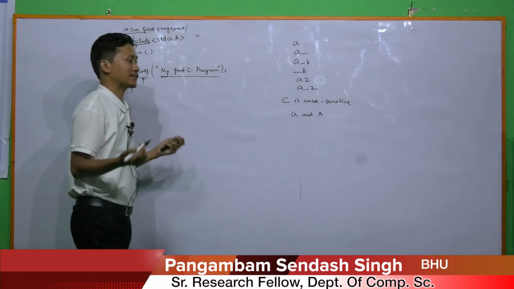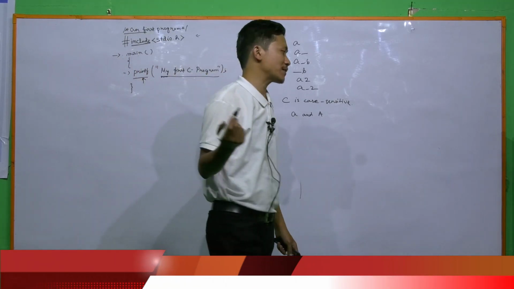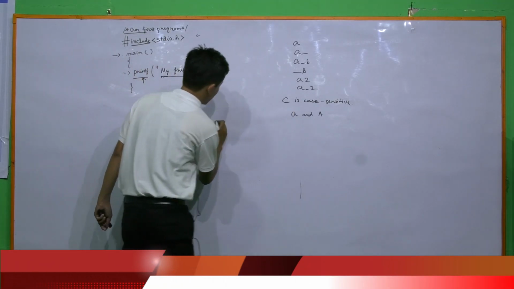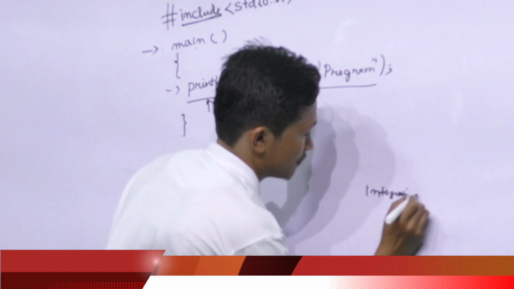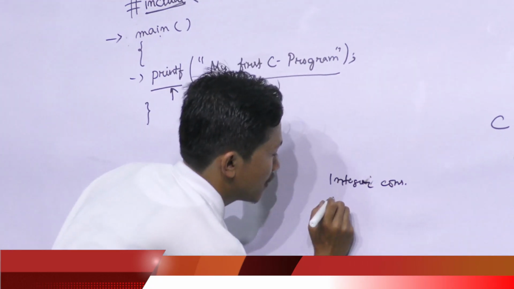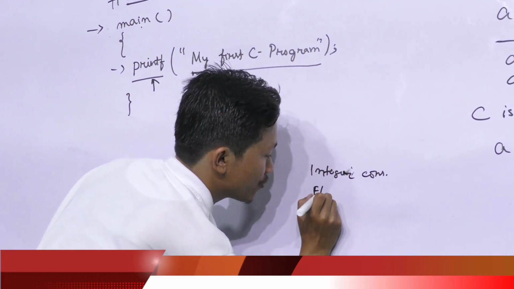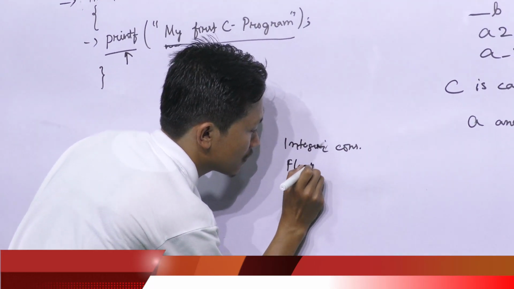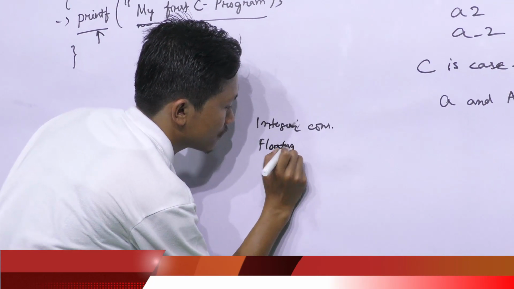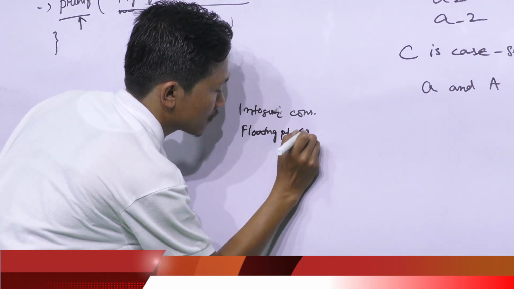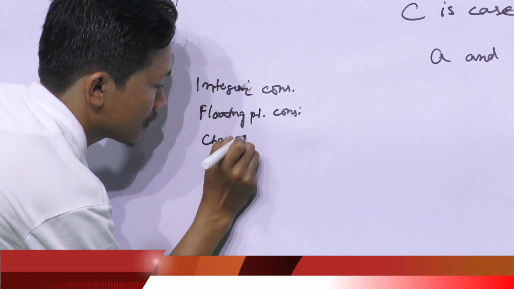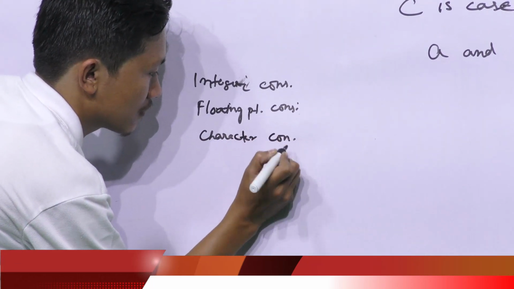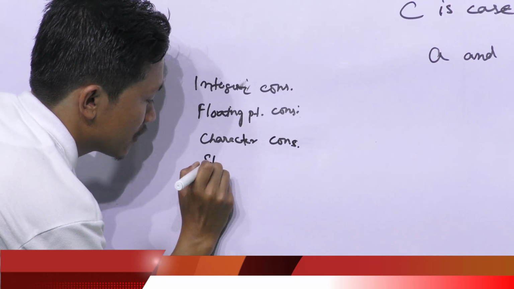Then constants. In C there are 4 basic constants. One is integer constant, other is floating point type constant, next character constant, another is string constant.